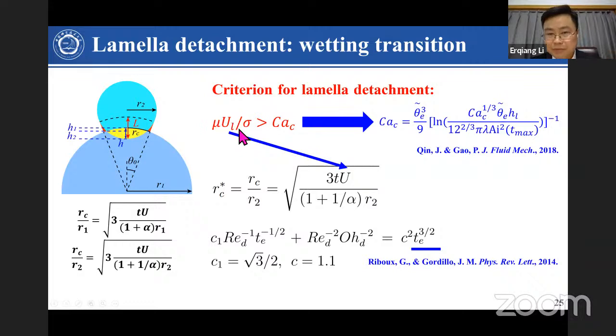Your capillary number should be larger than the critical capillary number. This critical capillary number we get from our colleague's paper, Professor Gopal's group. It seems complicated, but the meaning of every term is very clear, so we can calculate it.